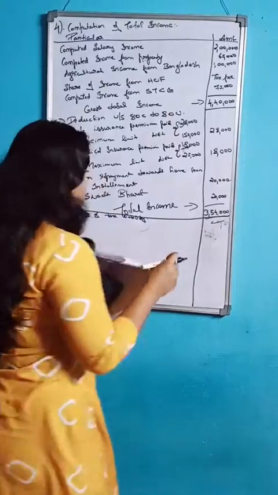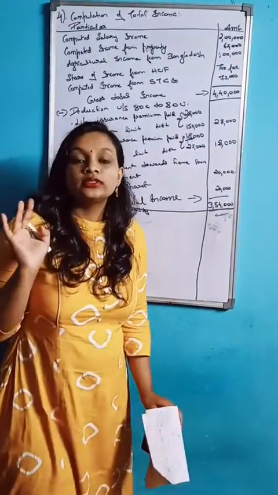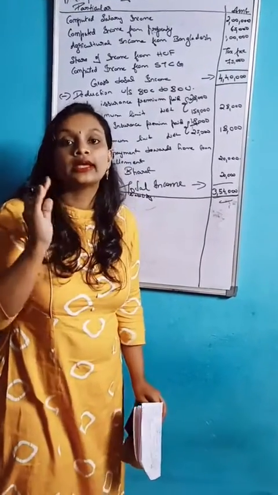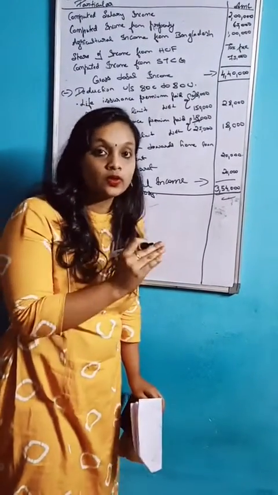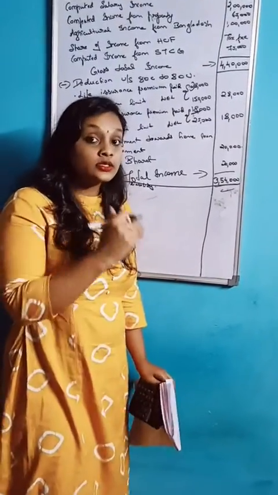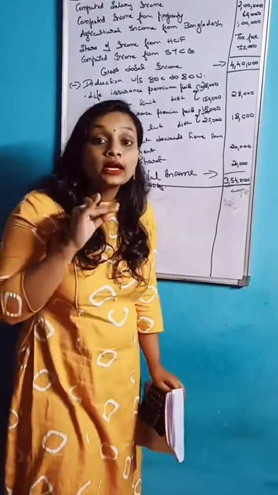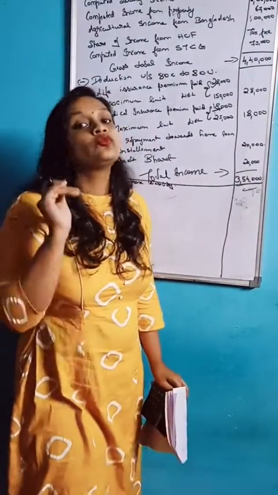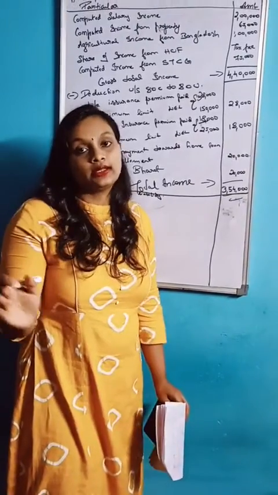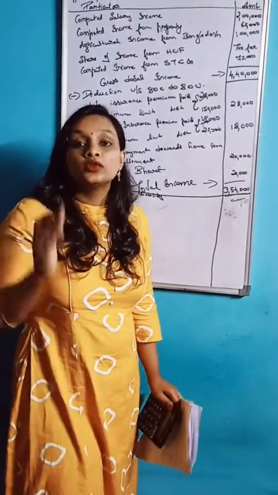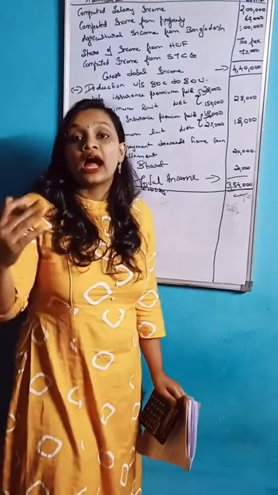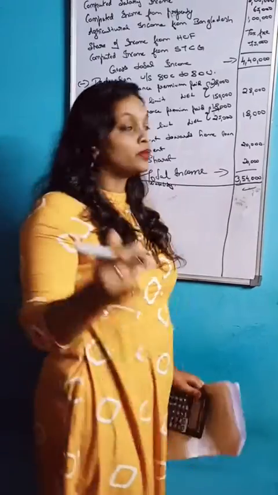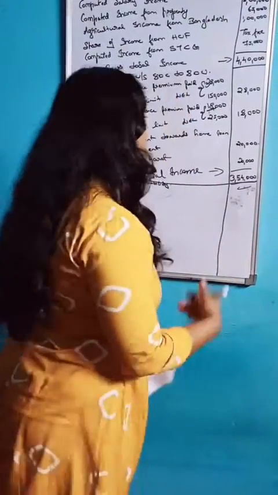I told the format for individuals below 60 years: 0 to 2,50,000 is nil, 2,50,000 to 5 lakh is 5%, 5 lakh to 10 lakh is 20%, and above 10 lakh is 30%. So based on this format, let's do the problem.